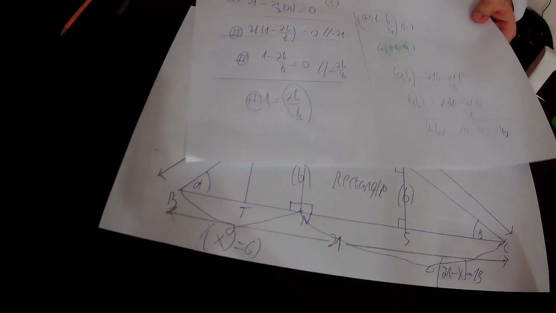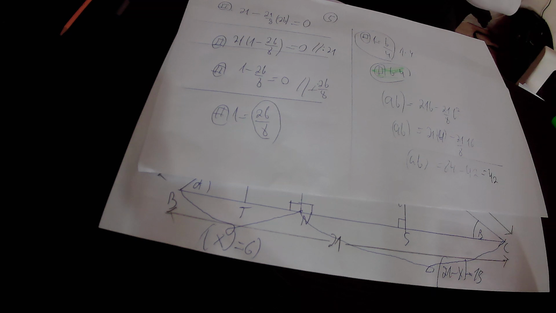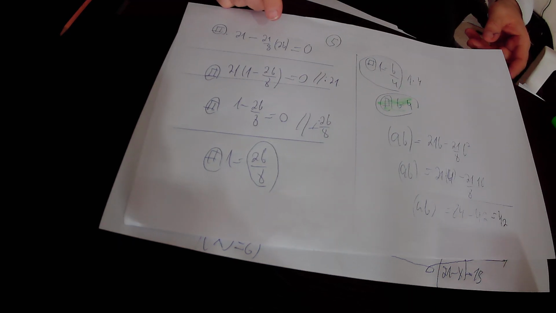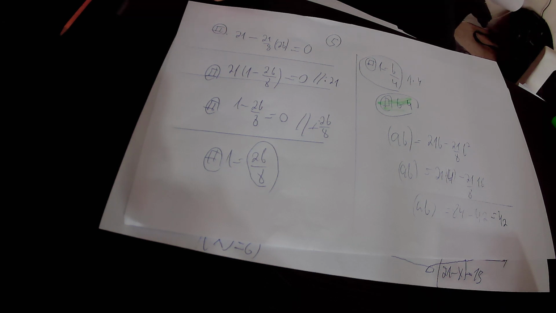In order to find the maximum area of this rectangle PQST, we just have to put in the area function the value of b equals 4. In this way, we find the maximum area when b equals 4 units.